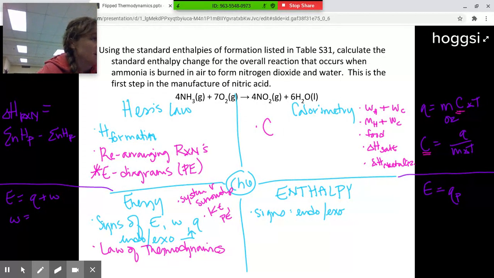That would be like an energy diagram. Oh yeah, state properties or state function. Yep.